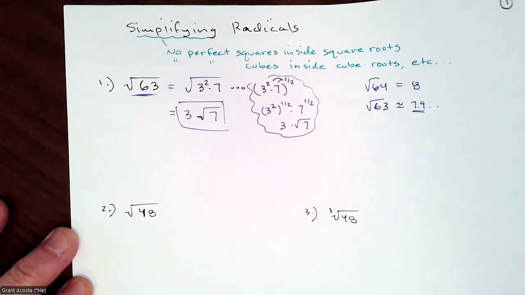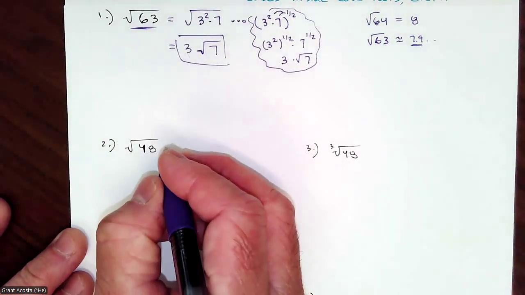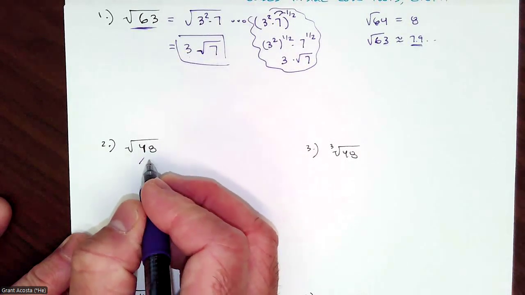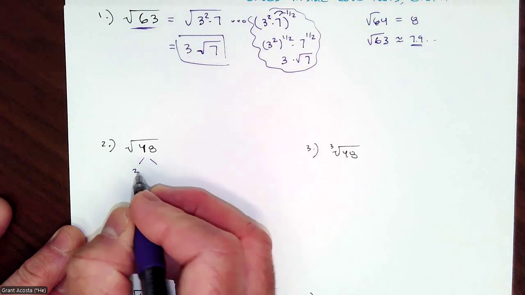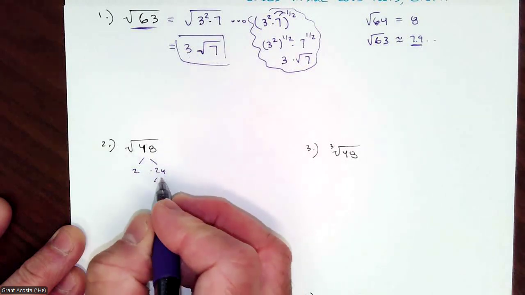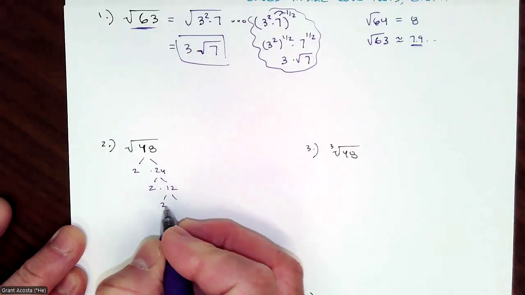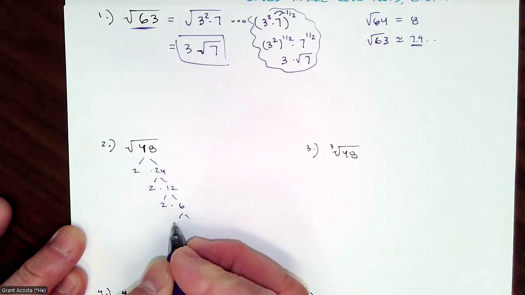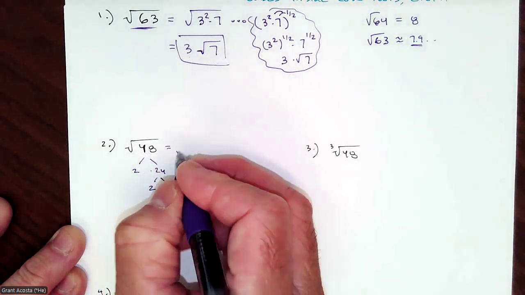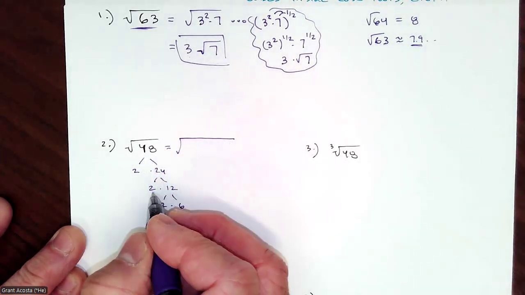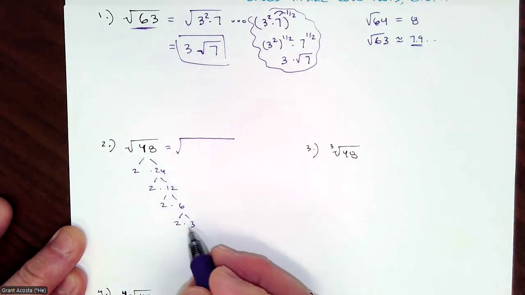Okay, so let's keep going. Square root of 48. What I'm looking for are perfect square factors. Sometimes it's not obvious, so what you can do is break them down. 48 is 2 times 24. 24 is 2 times 12. 12 is 2 times 6, and 6 is 2 times 3. With square roots, I'm looking for perfect squares. So that means 48 is 2 times 2 times 2 times 2 times 3.